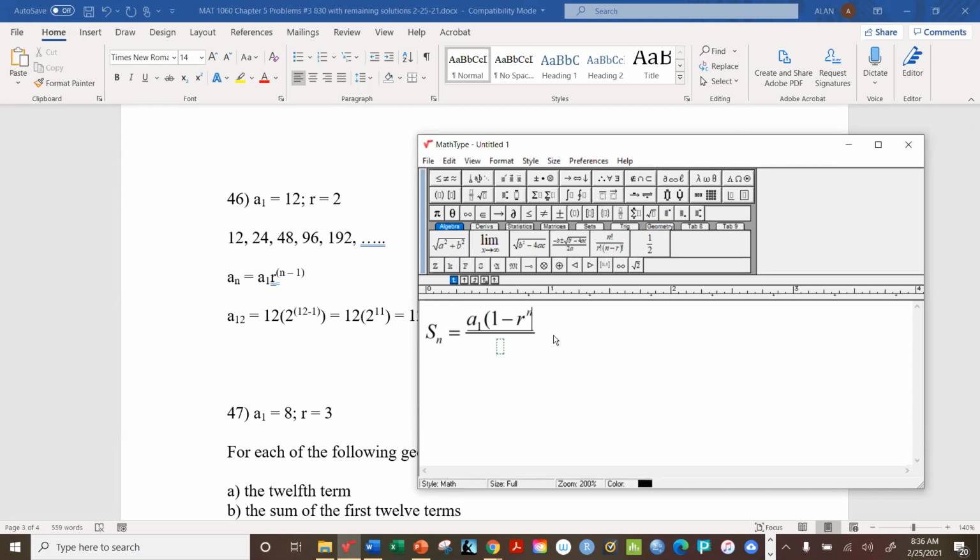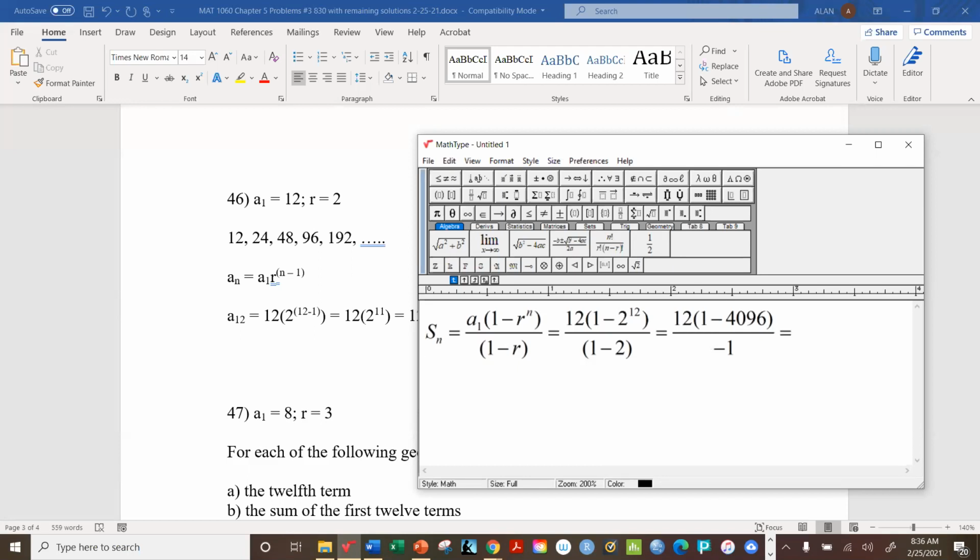So in the numerator, we have A_1 times 1 minus R to the N. And then in the denominator, it's simply 1 minus R. So that means we'll have 12 times 1 minus 2 to the 12th power, and then we have 1 minus 2. So here we're going to have in the numerator 12 times 1 minus 4096, all over -1.